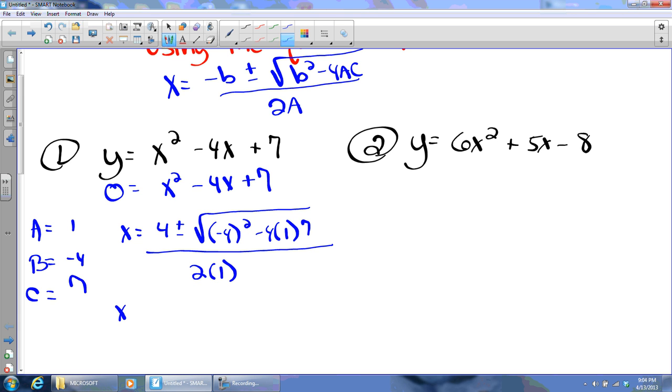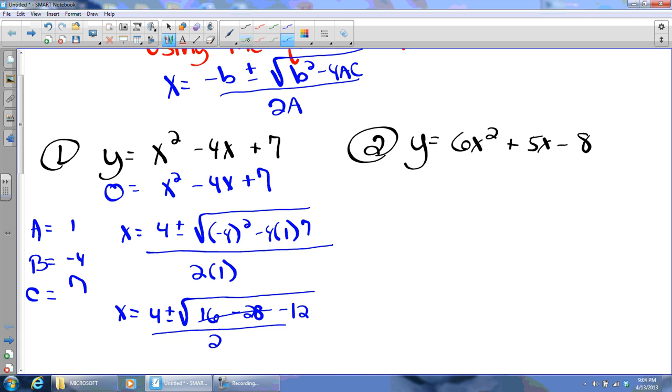Okay, going to do a little simplifying, and I'm going to get a 16 minus 28 all over 2. Now, 16 minus 28 is the same as negative 12.